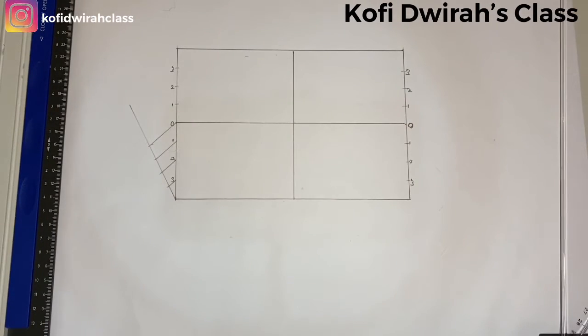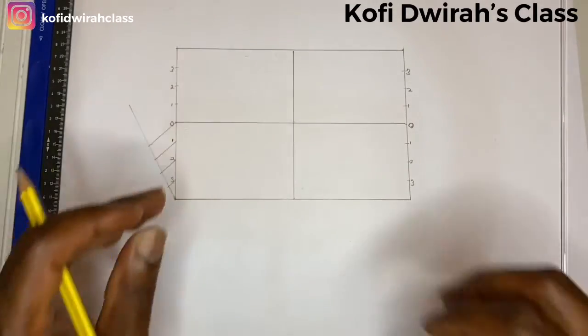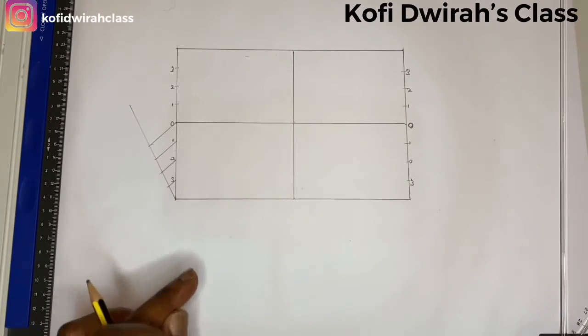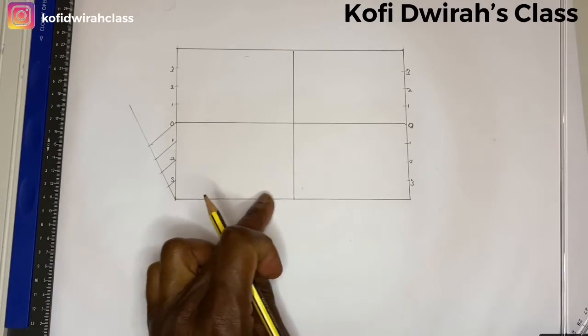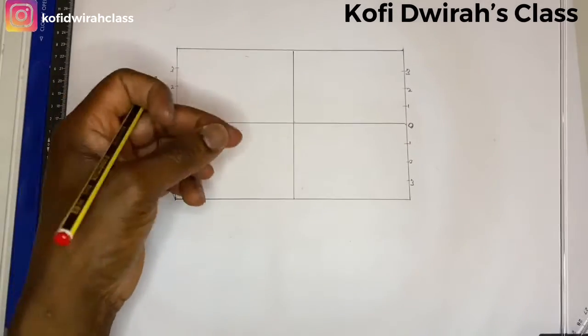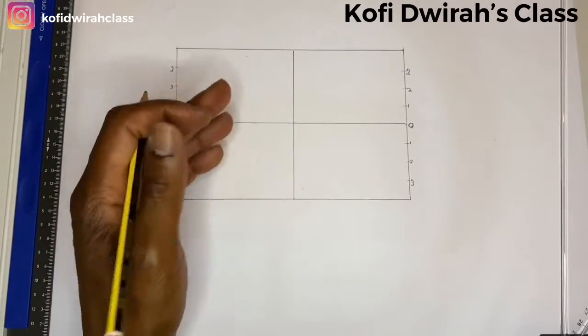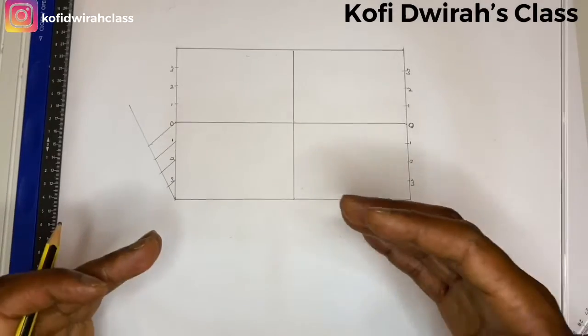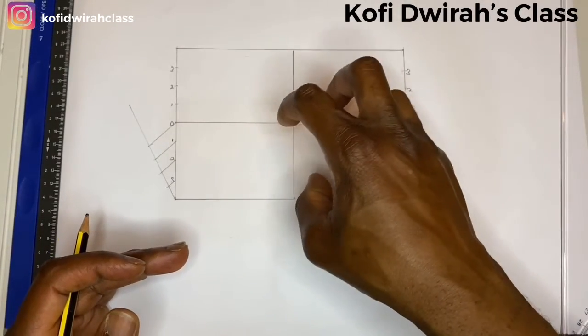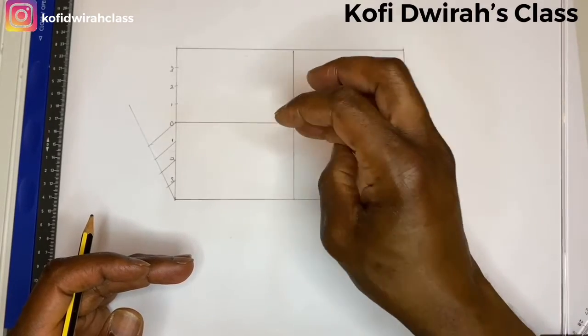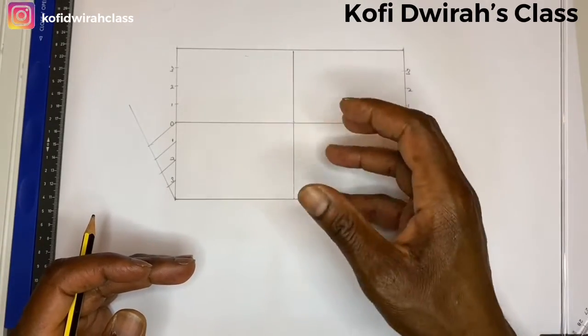We can use the same method, but we would show a lot of constructional details here, and it will be very difficult for you to see the other lines, the construction lines.